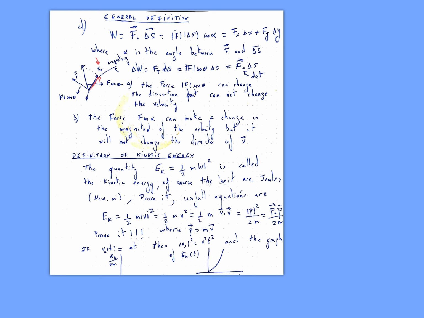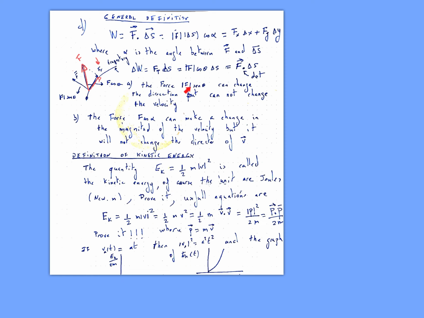It's important to see that this force is the sum of two forces, one in this direction and the other one up. This force is doing work. This force, the one that is perpendicular to the displacement, is not doing work.